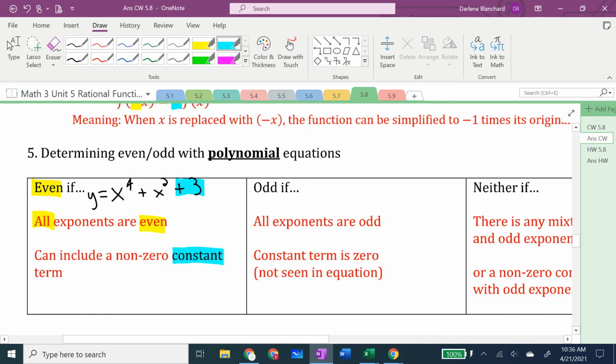The thing is, with an odd polynomial, it has to have all of its exponents odd, but you cannot have an extra constant added on. Your constant term has to be 0. So you shouldn't see a constant term. So if I have y equals x cubed minus x, that is an odd function. But if I add a number onto that, it is no longer odd.